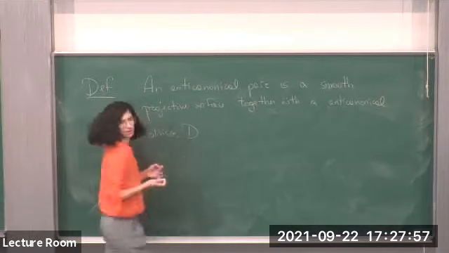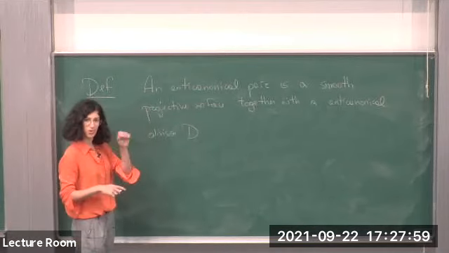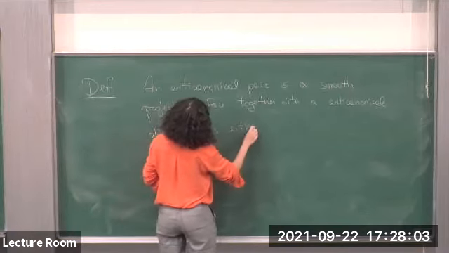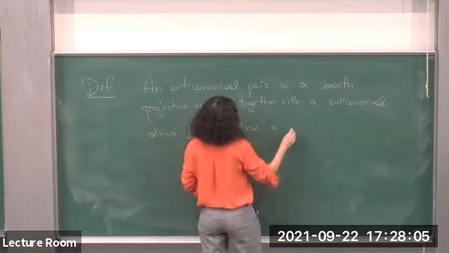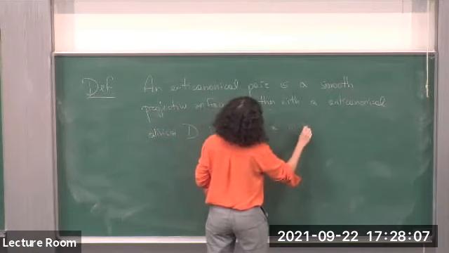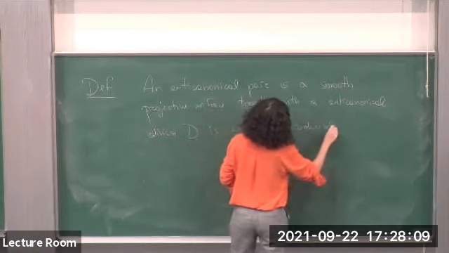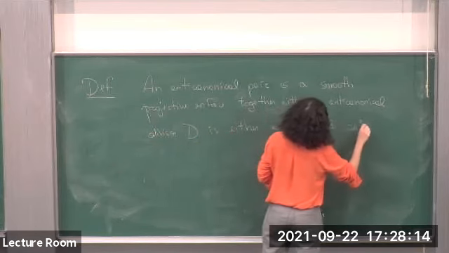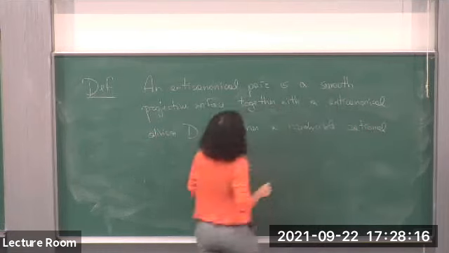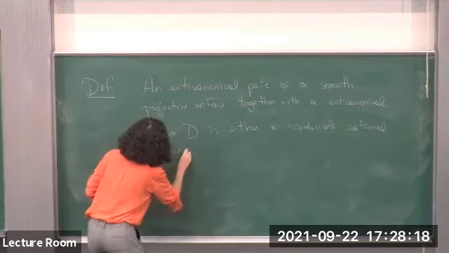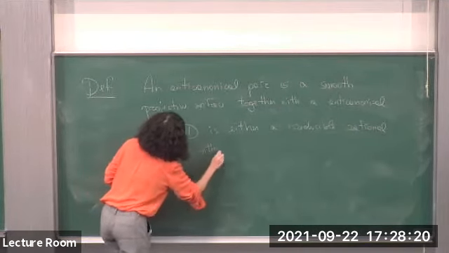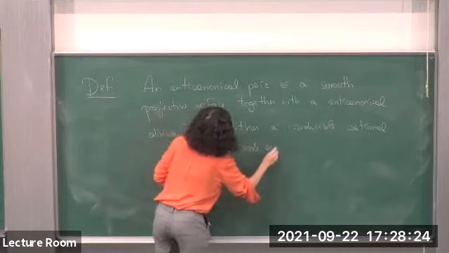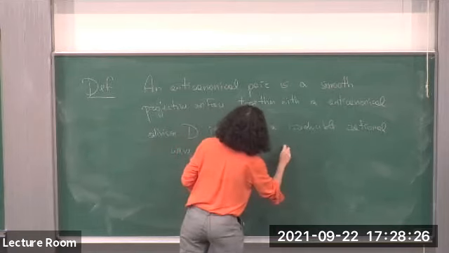So D is either an irreducible rational curve with a node, or a cycle of smooth rational curves.